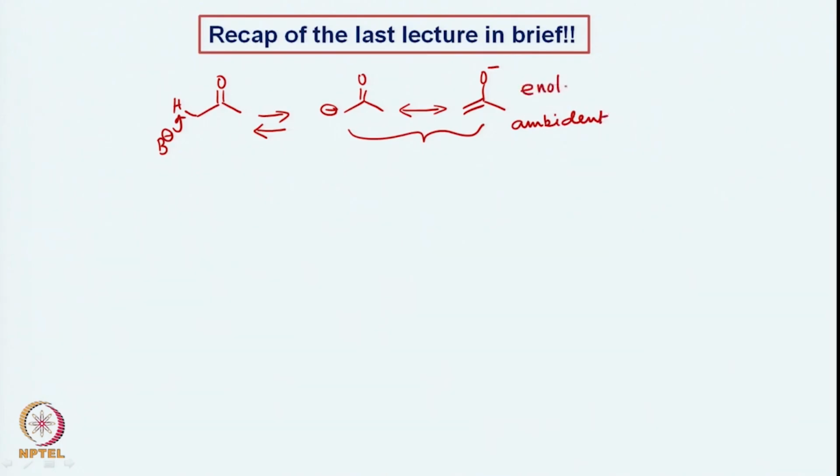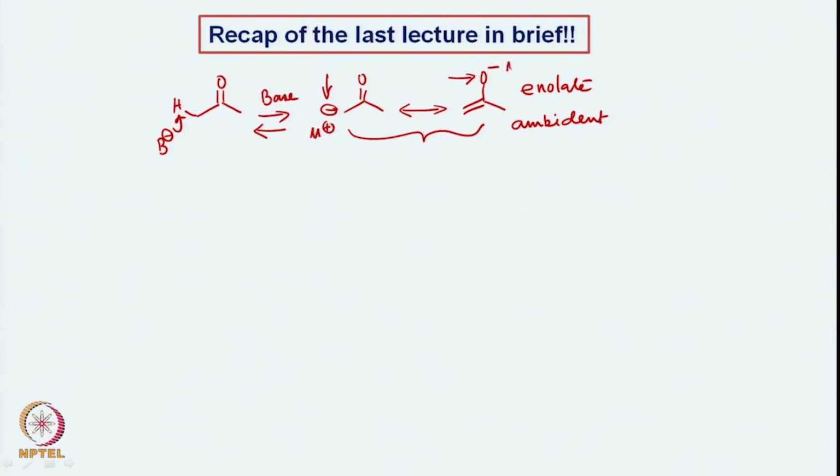This enolate can react either through oxygen or through carbon, and therefore the electrophile can come in either here or it can come in here. So this way we can tune the reaction. Of course we looked at the solvent effect, the cation effect, because here when we take a base we also have a counter cation here.